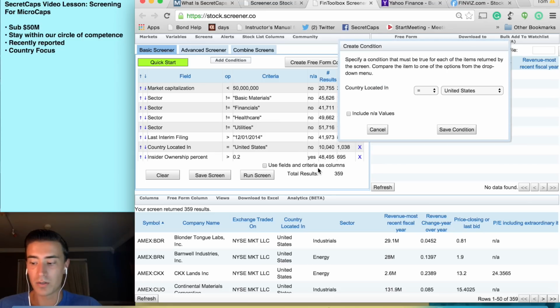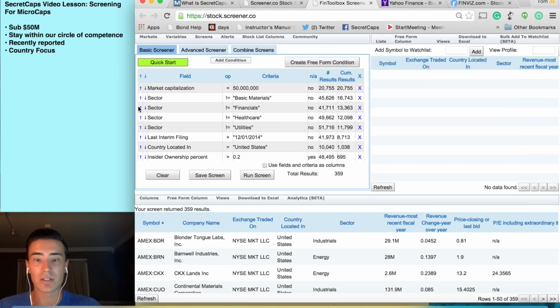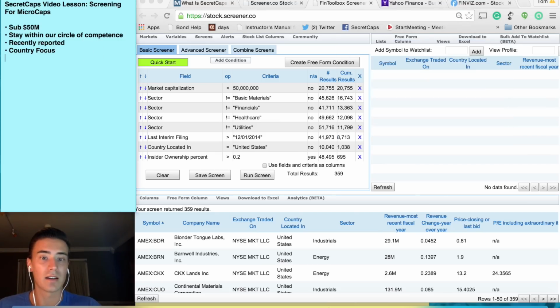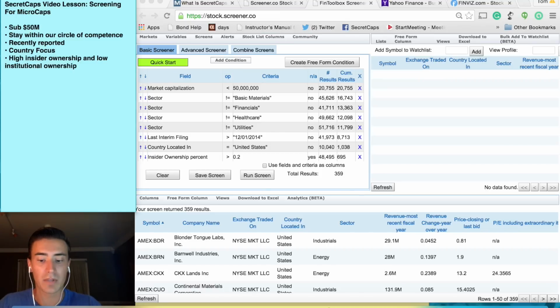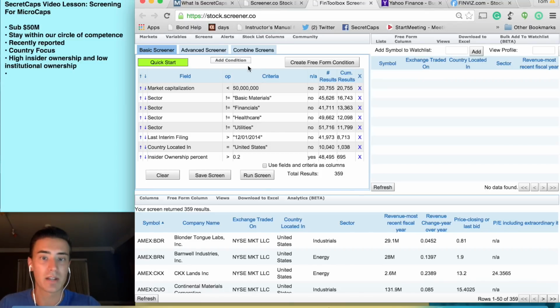Now another thing we can do, a lot of people have a focus on share structure, and I do as well. Now let me just type this up here. Insider ownership and low institutional. It's kind of like opposites. Another thing people like to look at is share structure of the company.